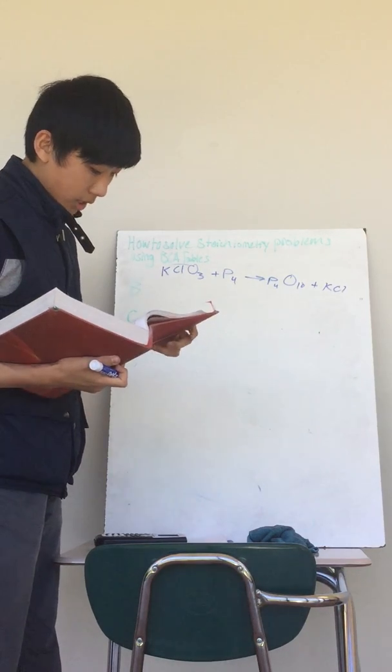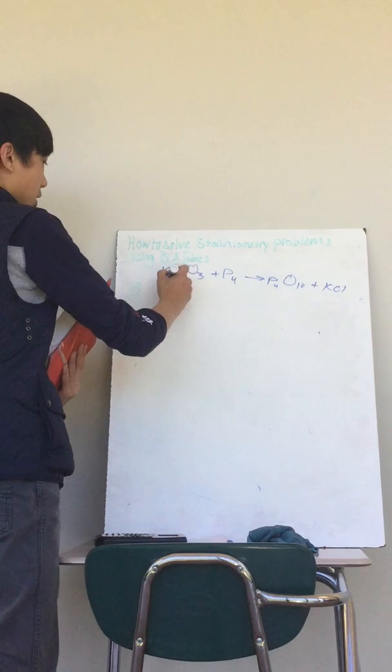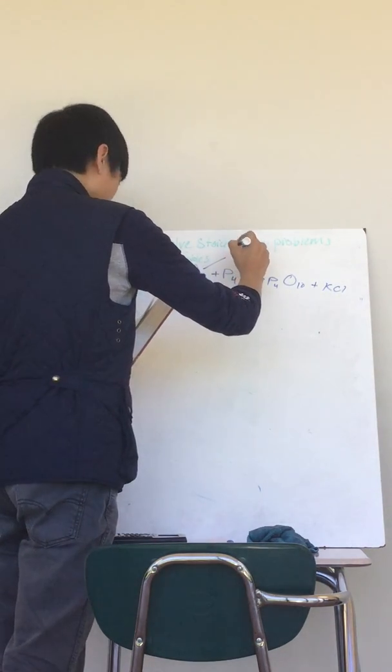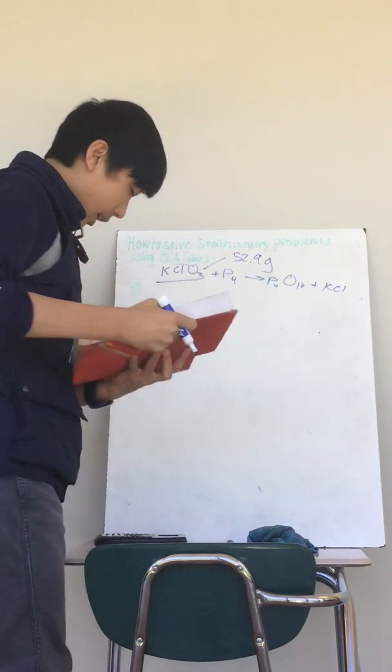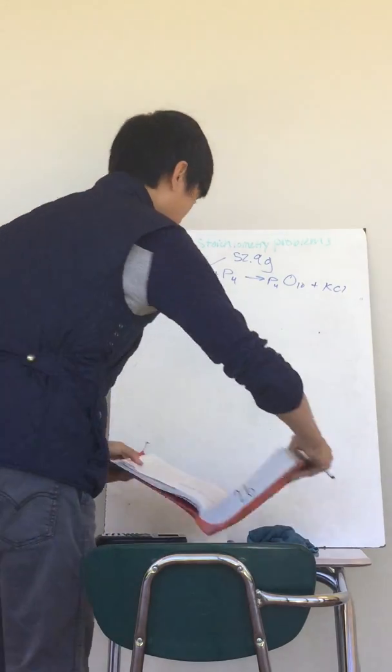Basically, you're given 52.9 grams of potassium chlorate, and it says that red phosphorus is in excess.